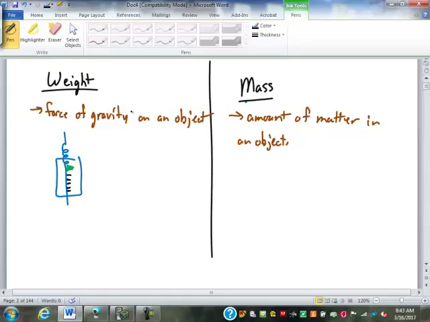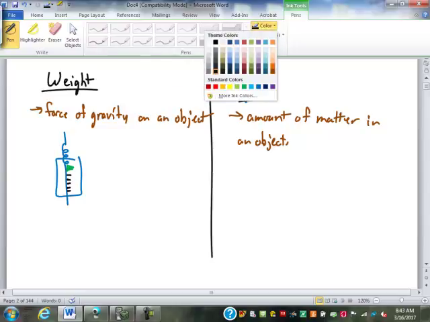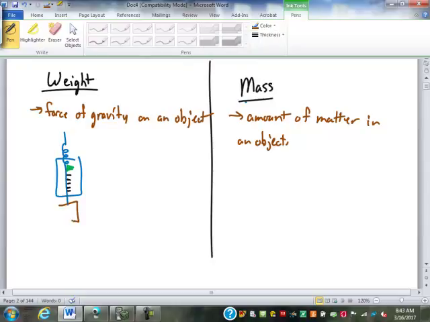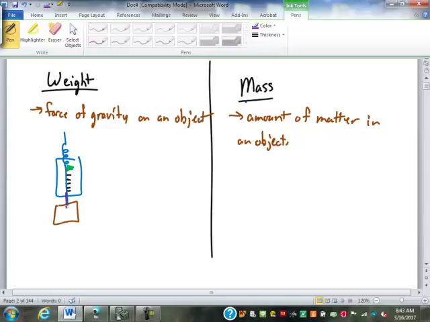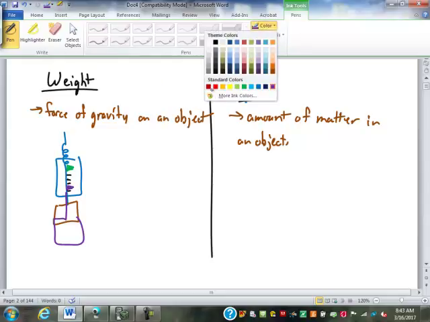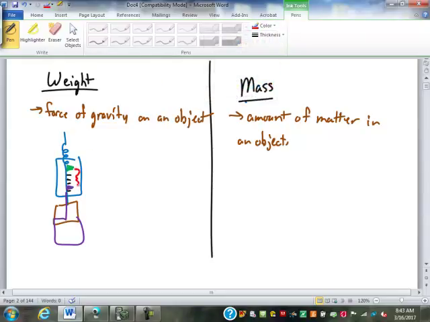A scaled spring was actually the original name of it. It was a spring with a scale on it that allowed you to see how far it had stretched. So then you hang your object on the bottom of that scale, and that spring is going to stretch. And the amount that spring stretches tells you the weight of that object, because that measures the force of gravity pulling on that object.